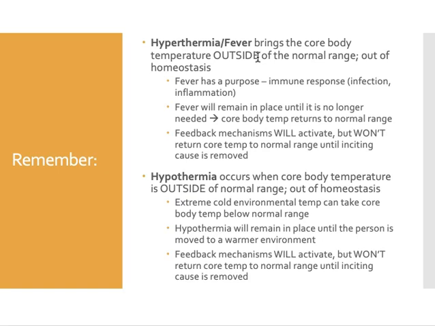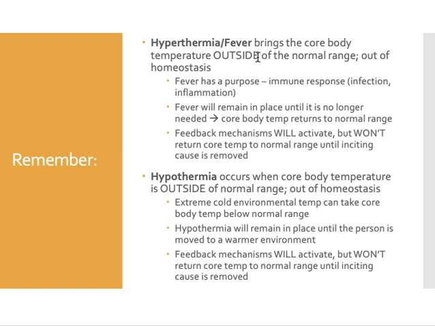Remember, we said normal body temperature for a human is between 97 and 99 Fahrenheit. Once it goes above 99, you now have a fever. You now have hyperthermia. Now, fever has a purpose, remember.